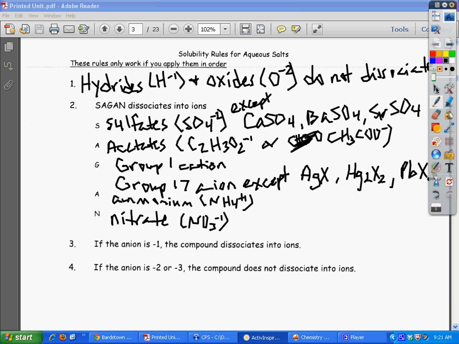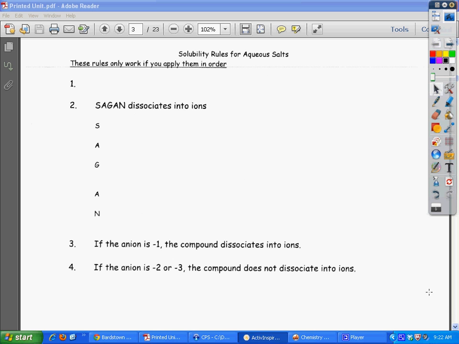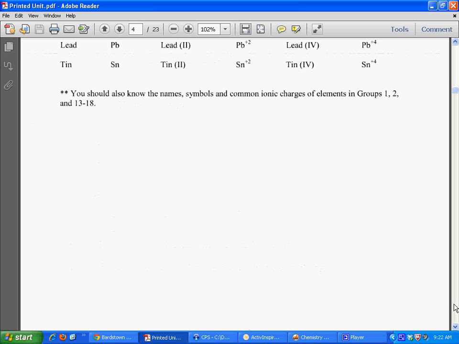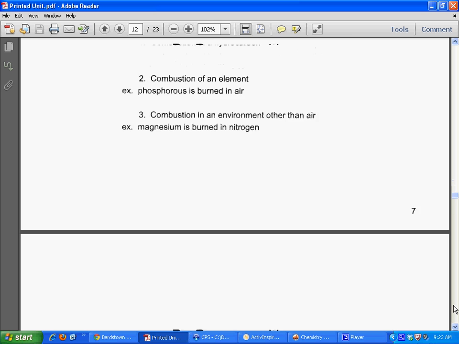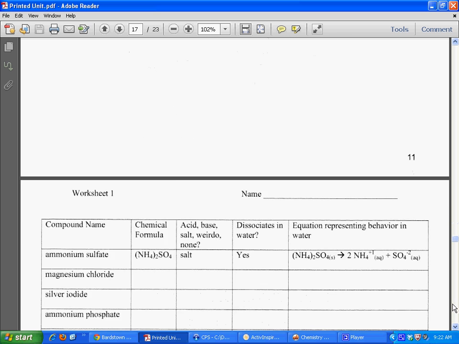So let's flip over to page 17 and look at deciding if the thing dissociates or not. You probably would want to take that paper out so you could refer to it. Right, so the first thing that you do is you look at the classification that you've already determined.